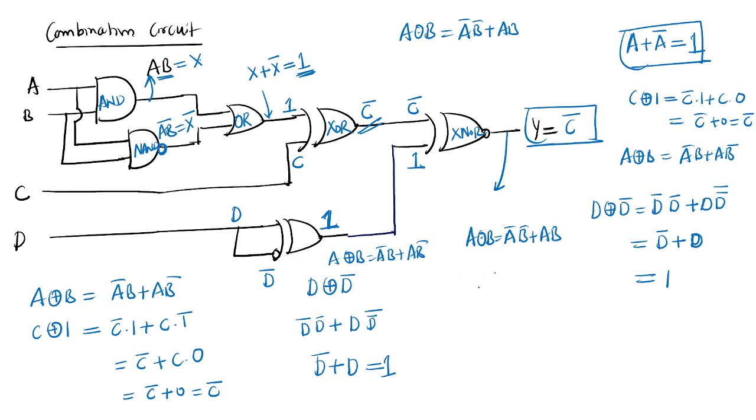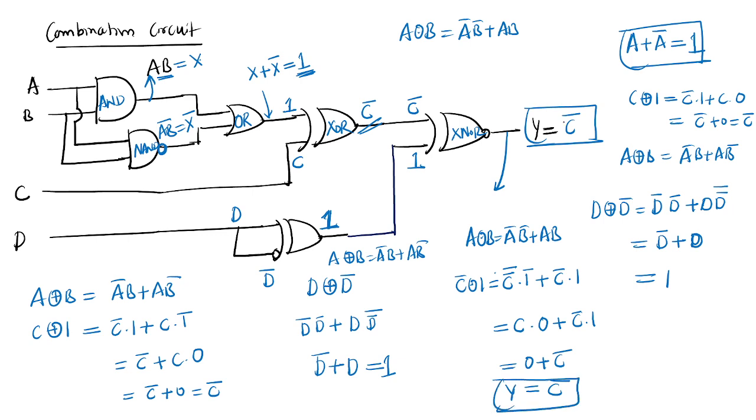So C bar XNOR 1 equals C bar whole bar and 1 bar plus C bar and 1. C bar whole bar is C, 1 bar is 0, plus C bar and 1. So 0 plus C bar is C bar. So you are getting Y equal to C bar. Is it fine? Did you understand?